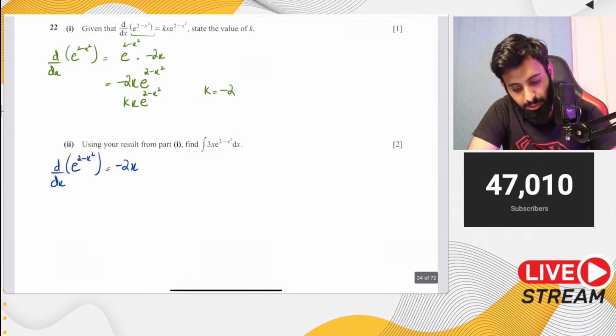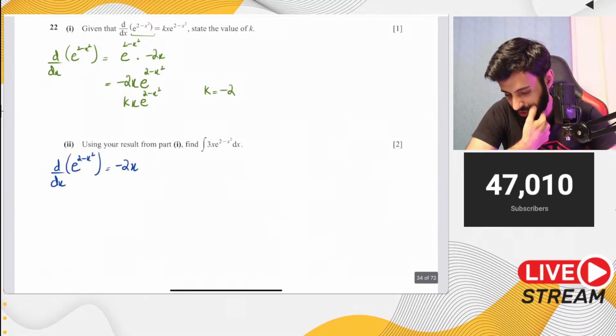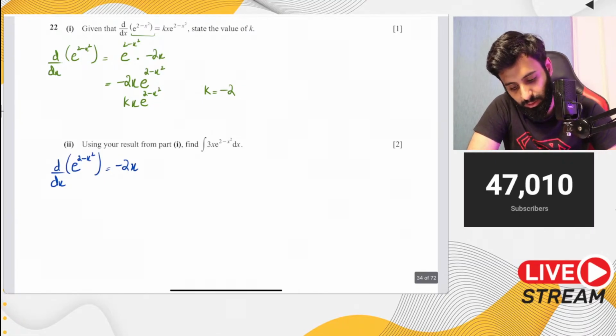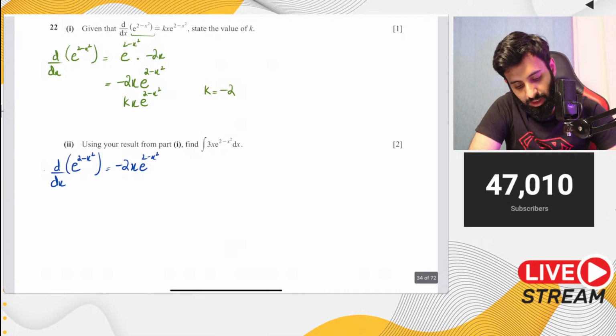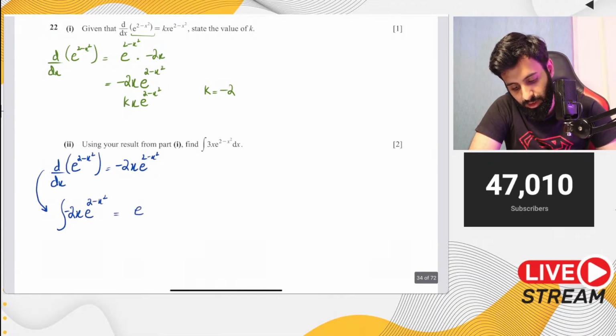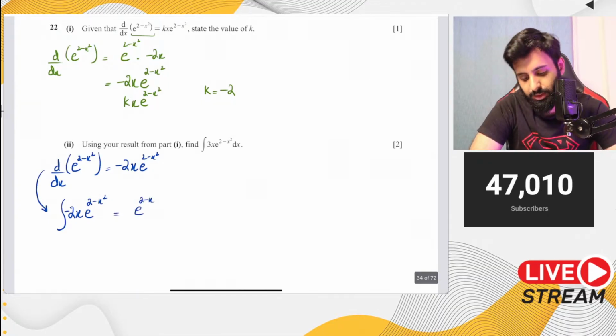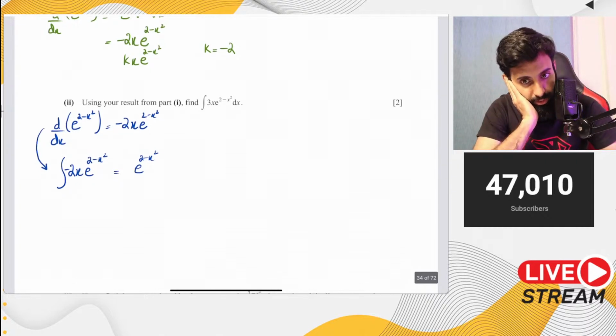So now you know after part 1 that if you differentiate e to the power of 2 minus x square, you end up with minus 2x e to the power of 2 minus x square, which means consequently I also know that if I were to integrate minus 2x e to the power of 2 minus x square, I will end up with e to the power 2 minus x square. Okay, this is what we know after the first part.